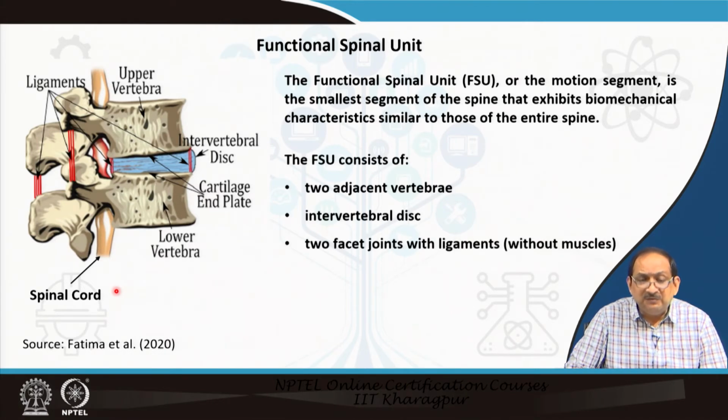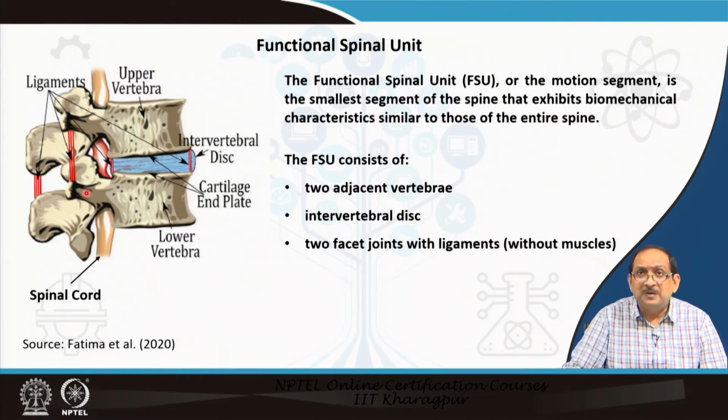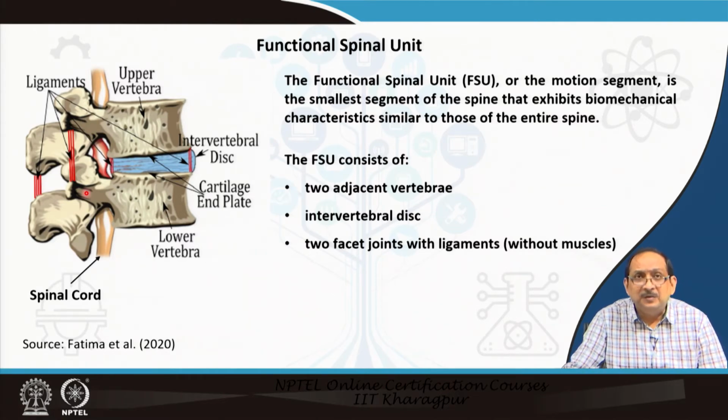So, the FSU consists of two adjacent vertebrae, an intervertebral disc located in between the two vertebrae, and two facet joints with ligaments, but without any muscles. You can see in the image presented in the slide to the left, the spinal cord is passing through the FSU, basically through the spinal canal.